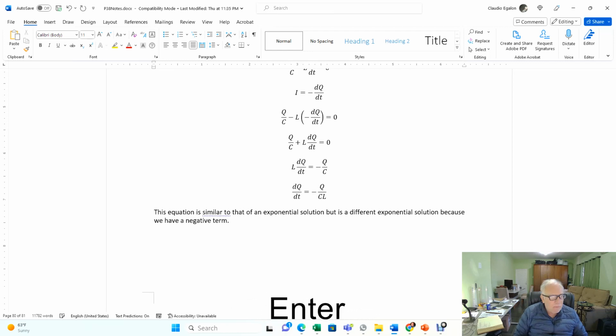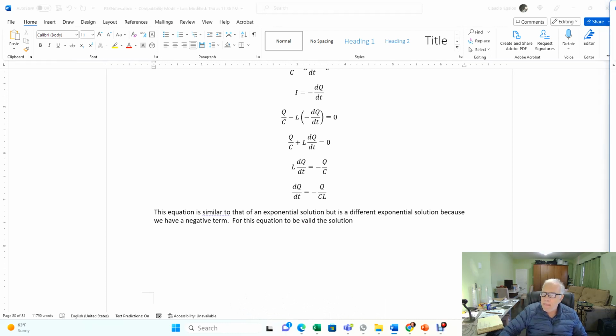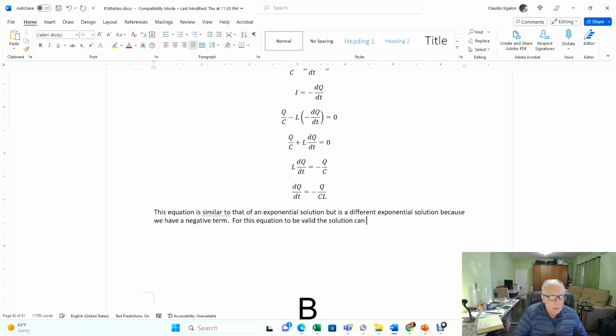For this equation to be valid, the solution can be like the following.